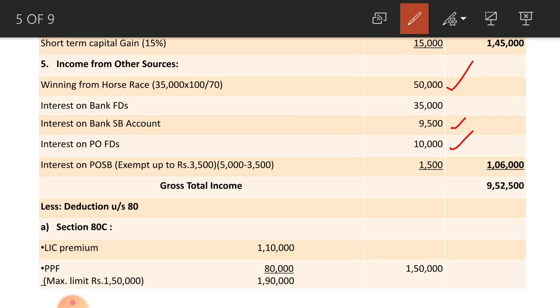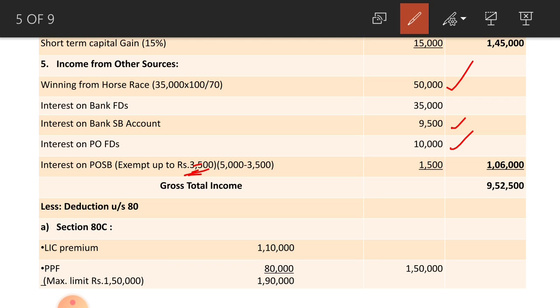Here interest on post office SB exempt up to rupees 3,500. You know this point, up to 3,500 is exempted from tax. The amount is 5,000, from that you have to deduct exempted amount 3,500. You get interest on post office SB as 1,500 rupees. The total of income from other sources amounts to rupees 1,06,000.